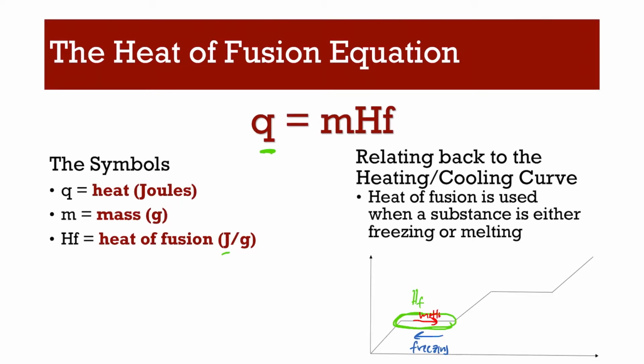So whenever you're using heat of fusion, we're talking about heat freezing or melting something. The way I like to remember it is F for fusion, F for freezing. So whenever you're talking about freezing, melting, something going between a solid and a liquid, that flat phase change, that is when we use the heat of fusion equation.